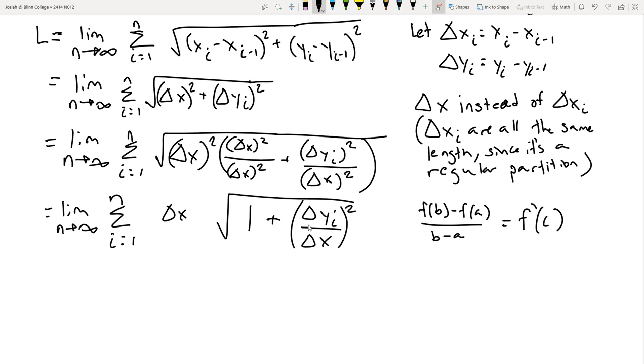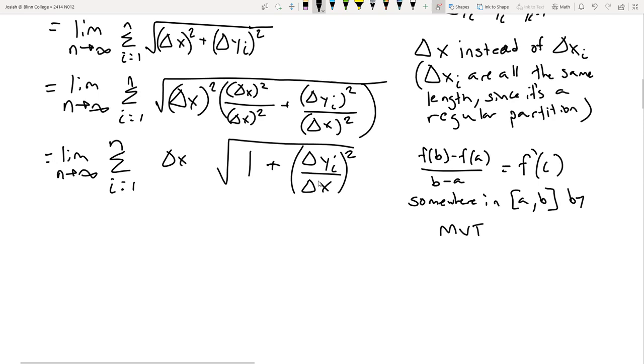Right, so that's how we get to our derivative. Somewhere in each of these guys here. All right, so we'll go ahead and make that swap.